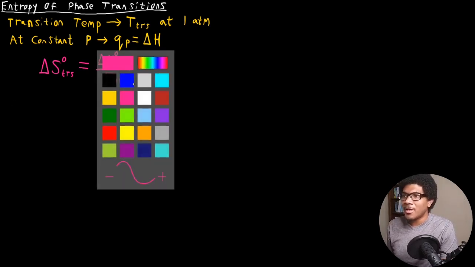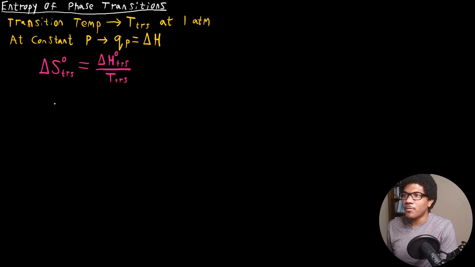So let's think about what the sign of entropy is going to be for different scenarios and what that can tell us about the entropy on a molecular level. Let's think about some exothermic transitions, transitions that release heat. So let's say we have an exothermic transition.